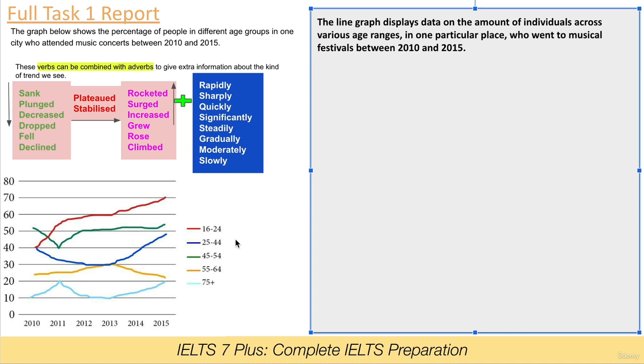Now we want to make our sweeping statement. And actually this trend sort of begins from 2013. The percentage was generally increasing. So we can be specific.